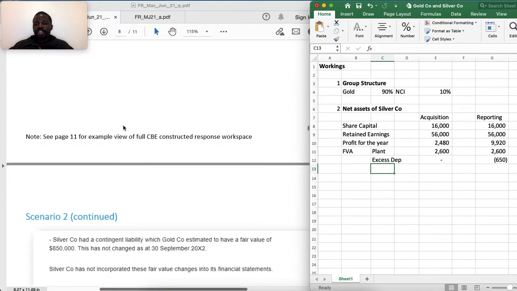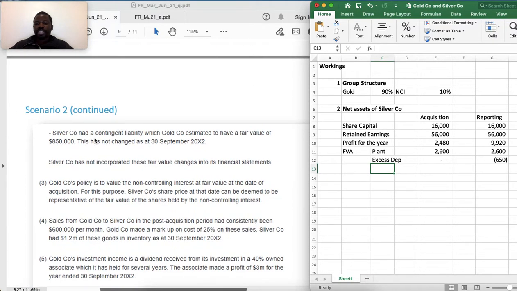Let's continue with note number 2. We have got the contingent liability of 850 at acquisition, and it's also 850 at reporting, because we are given this note here that Silver Co has not incorporated these fair value changes into its financial statement.